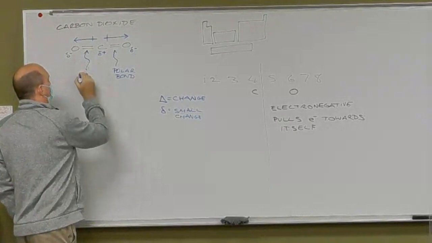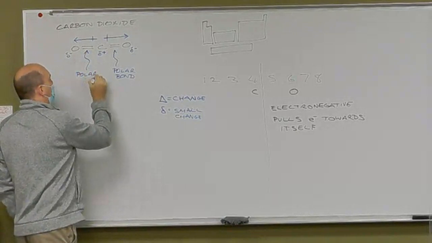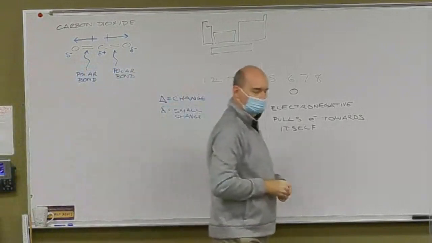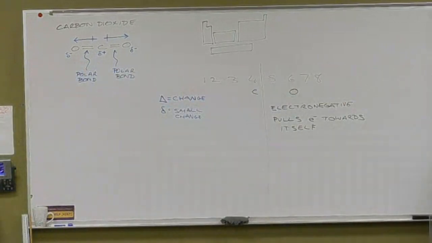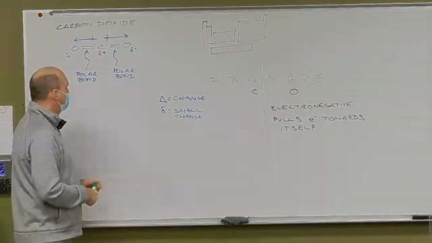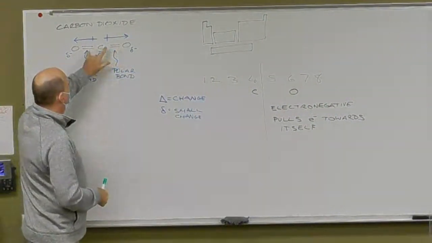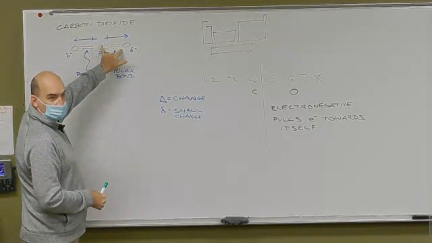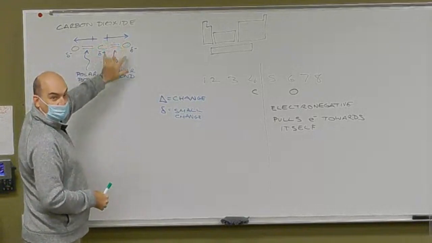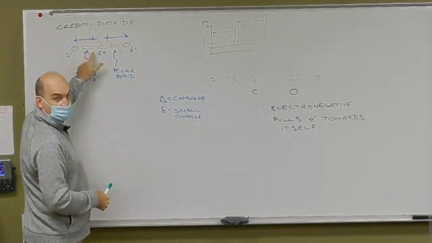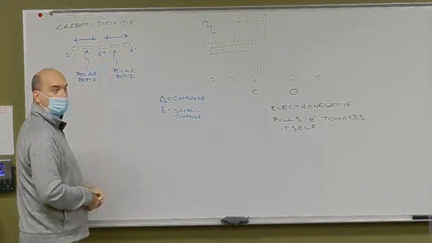And this is also a polar bond. But the thing about carbon dioxide is this. These electrons repel each other. And I've got 4 electrons in this bond right here and 4 electrons in those bonds right there, because it's a double bond here and a double bond there.